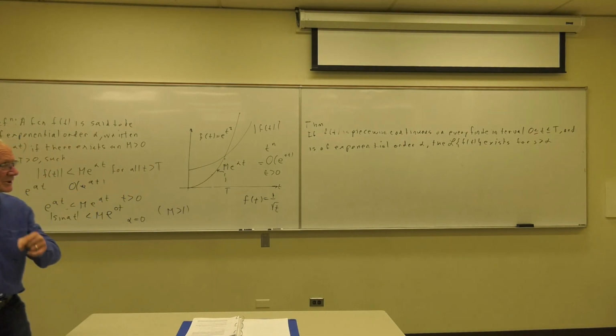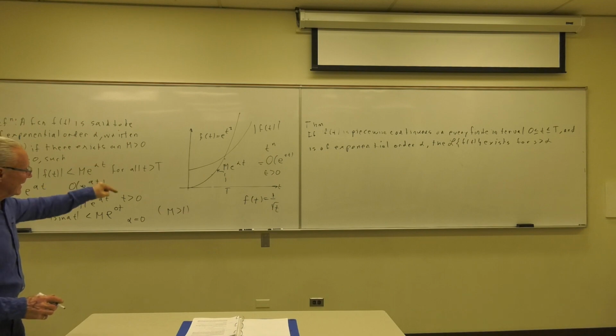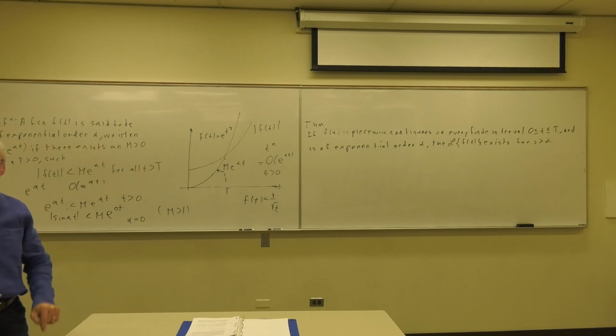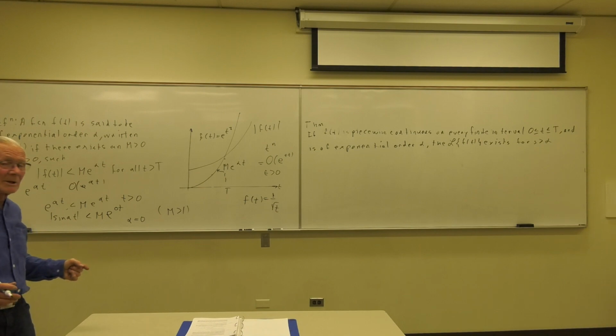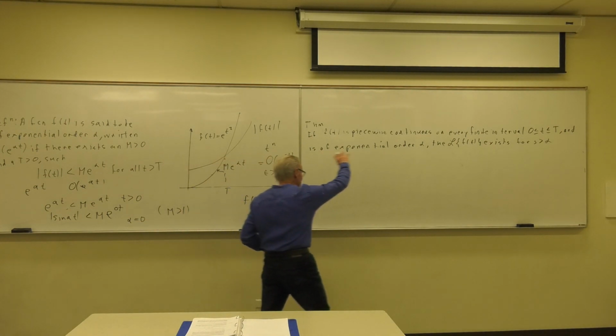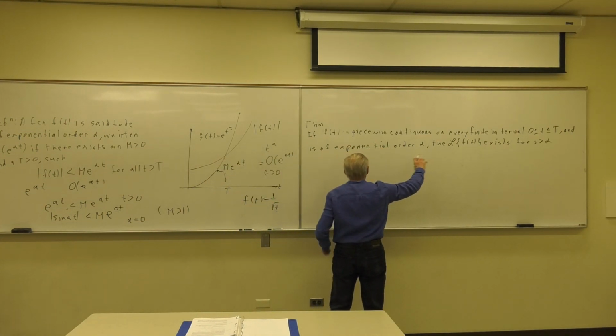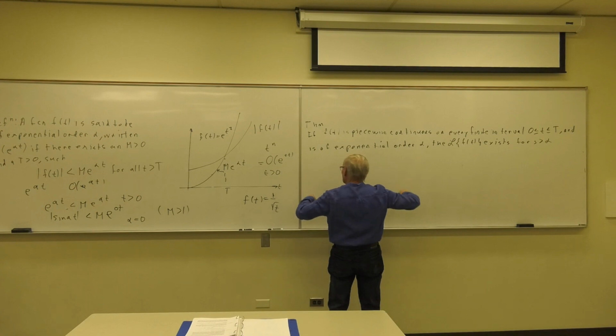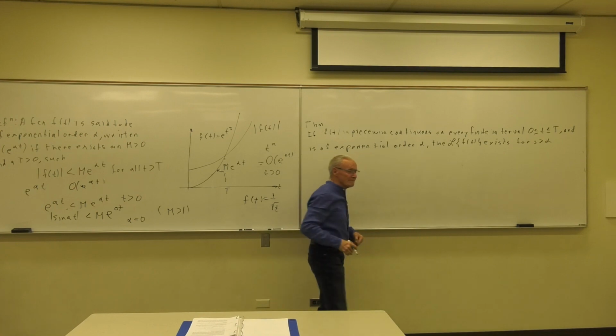Yes. Is it piecewise continuous? No. It's got an infinite discontinuity at t equal to 0. But it does have a transform. And you're asked to derive it in one of the exercises. All right? So if these are satisfied, then you've got it. If these conditions are not satisfied, you might still have a transform, but you might not.